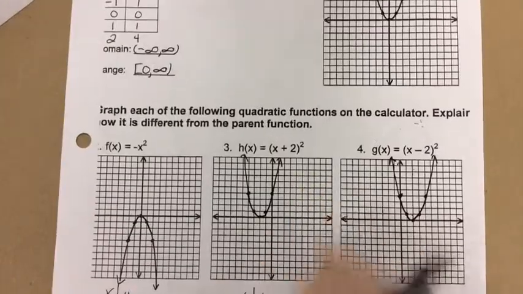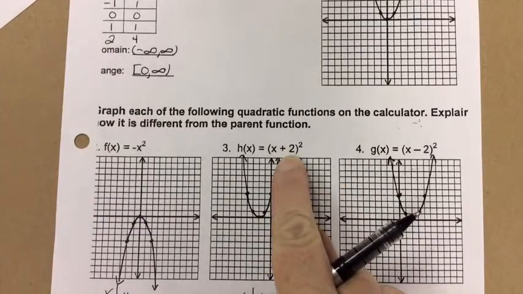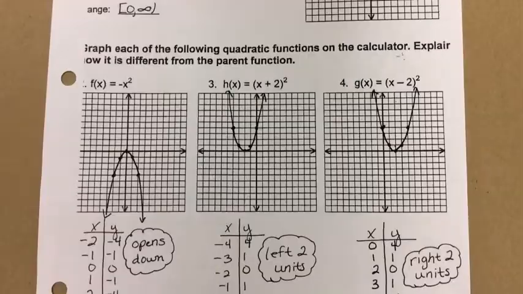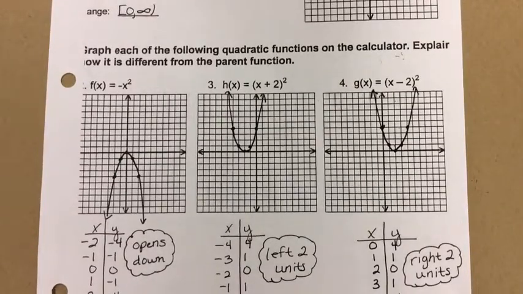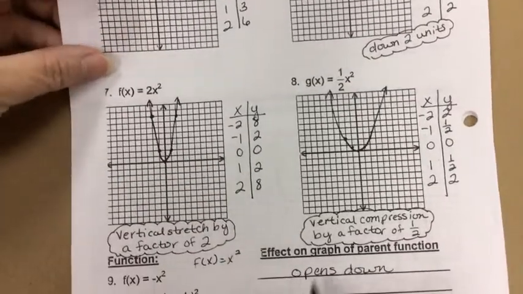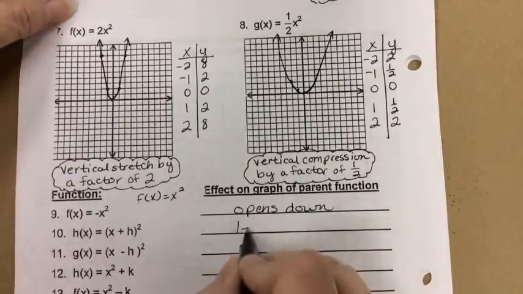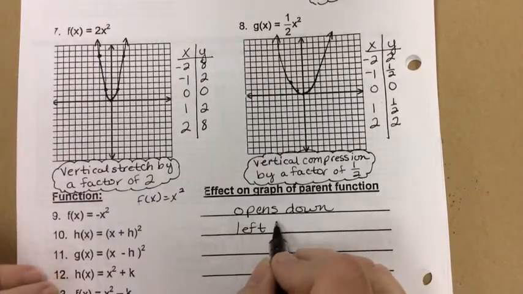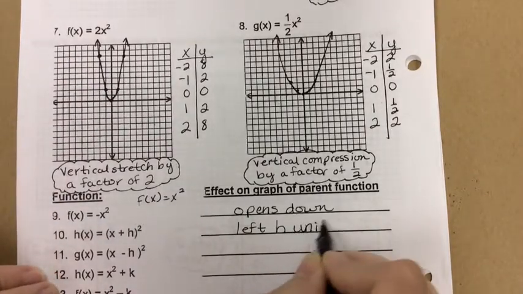And let's look and see if that happened. When we put a number in parentheses with the x, and it said x plus 2 in parentheses, it actually moved left 2 units. So in parentheses, it's going to do the opposite. So this one is going to move left. Instead of 2 units, it's h here, so it's going to move left h units.